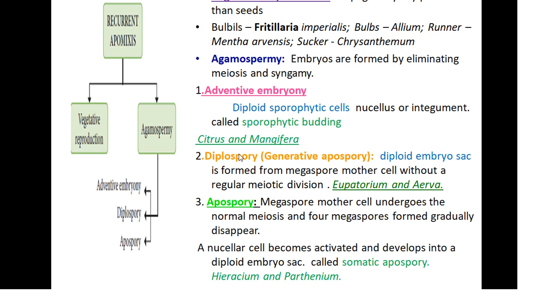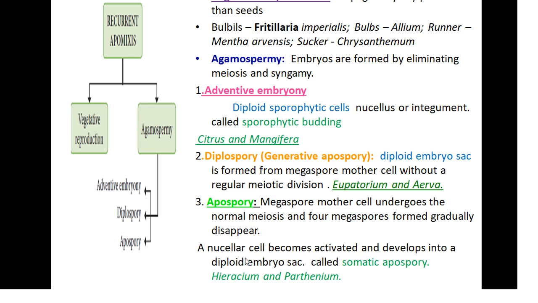If you take apospory, the megaspore mother cell undergoes normal meiosis and four megaspores are formed, which gradually disappear. Then the nucellar cells get activated and give a diploid embryo sac.